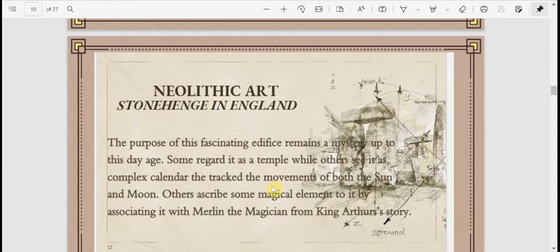Items for decoration weren't mere aesthetic objects at that time. It wasn't just for decorative purposes. Decorative items and art were believed to have supernatural powers. During that time, that was their belief.